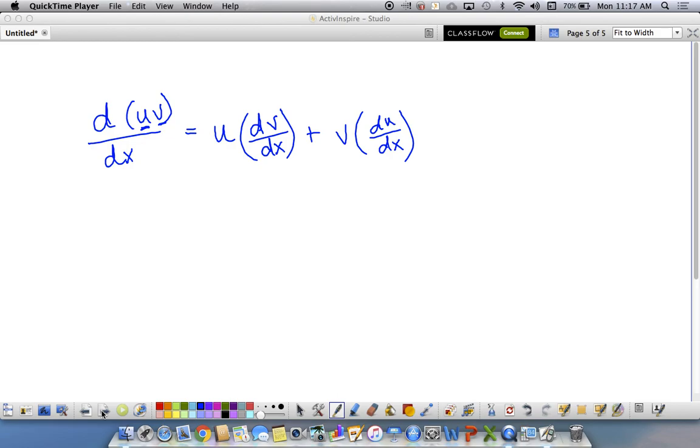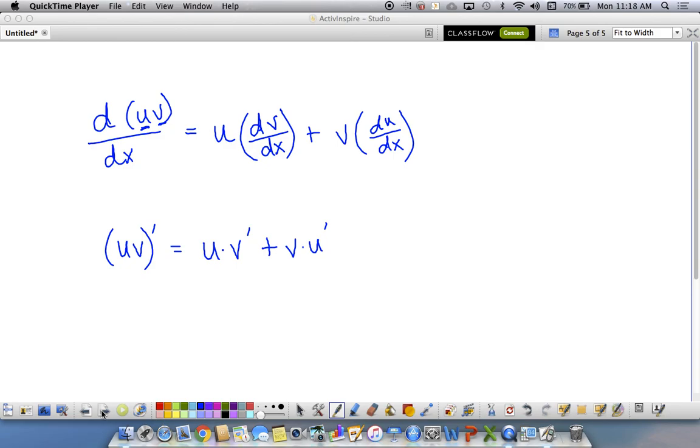Or technically this could be written as uv prime. So we would look at the first times the derivative of the second plus the second times the derivative of the first. I like to put the little dots in between just so I can tell the difference. Okay?